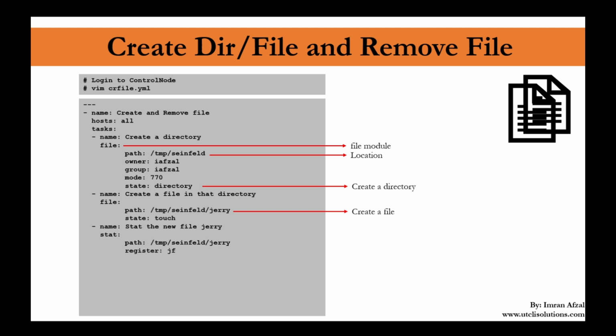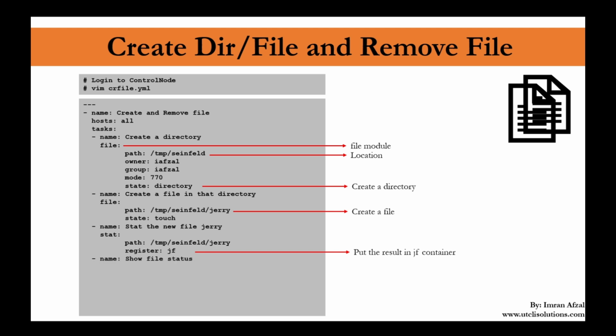Once we check it, Ansible or the playbook cannot just show it on the screen. It has to put it into some kind of container, so you use the register parameter, and the name of that variable or container is of your choice. I just put JF for Jerry file. So this puts the result in the JF container.